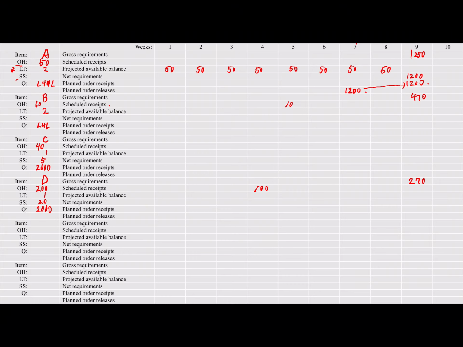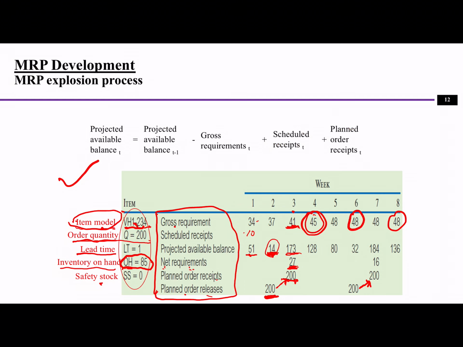All right. So remember, every time you are planning an order or having a planned order release, one important thing we need to do is go back to the product tree. Let's go back to the product tree.